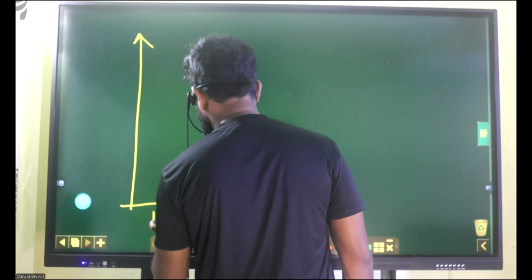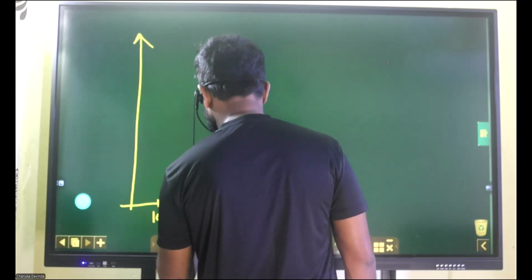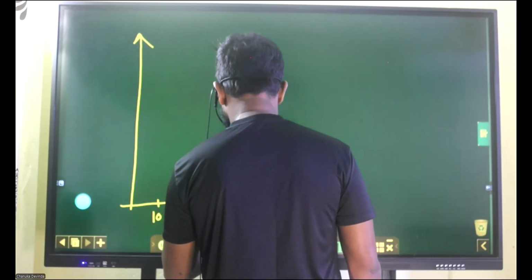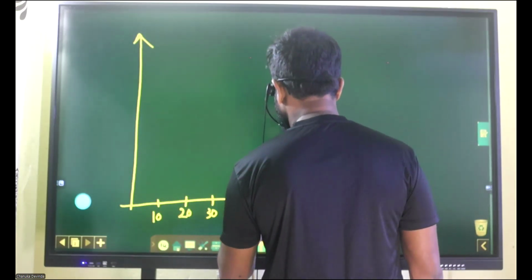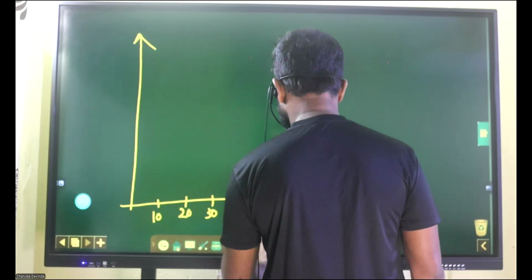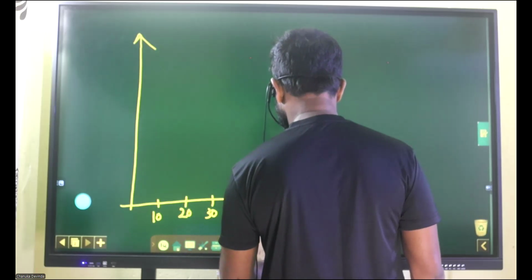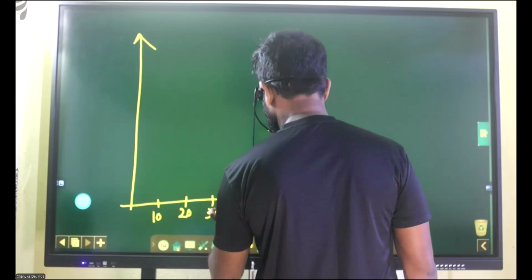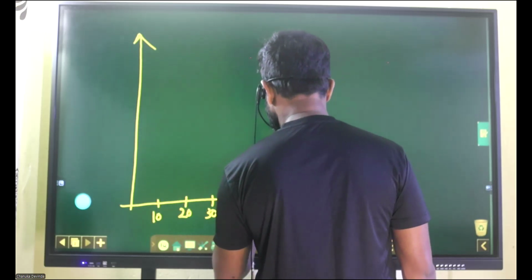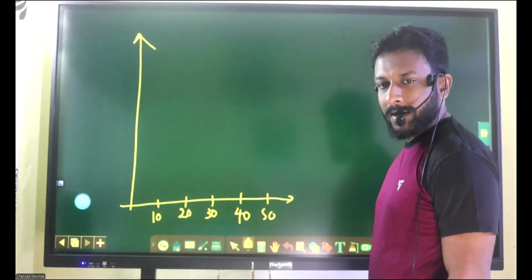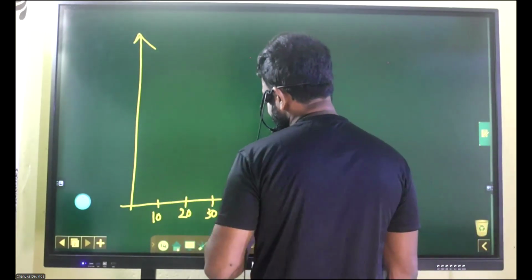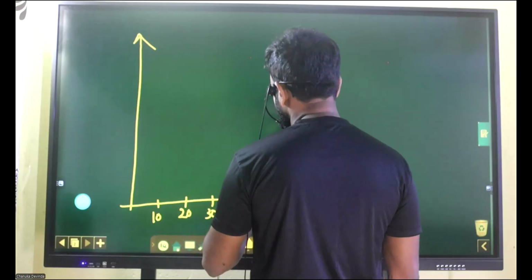10, 20, 30, 40, 50. Right, as you can see, it is increasing 10 by 10.